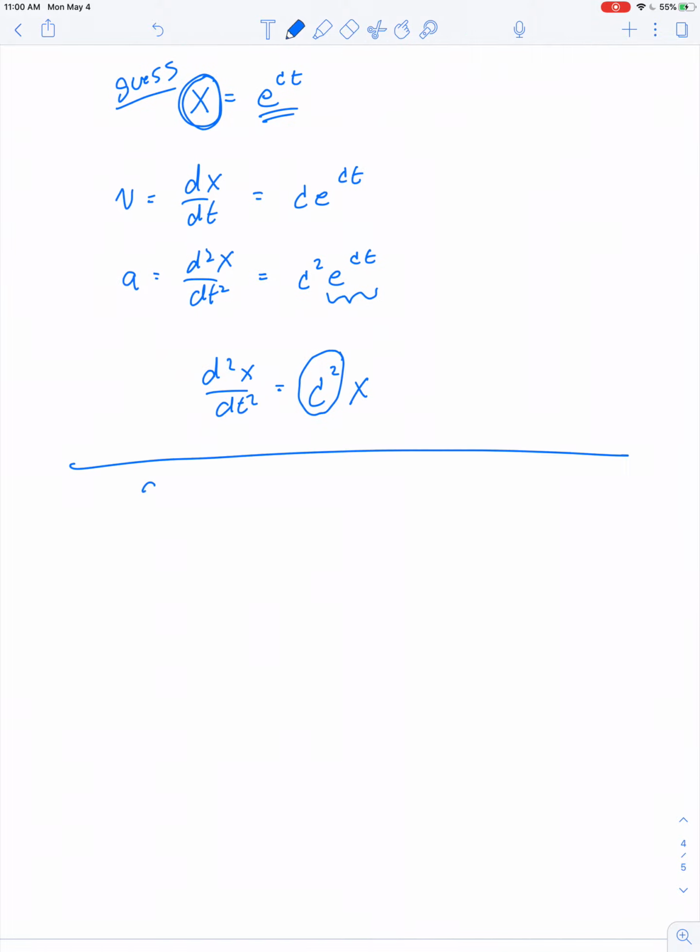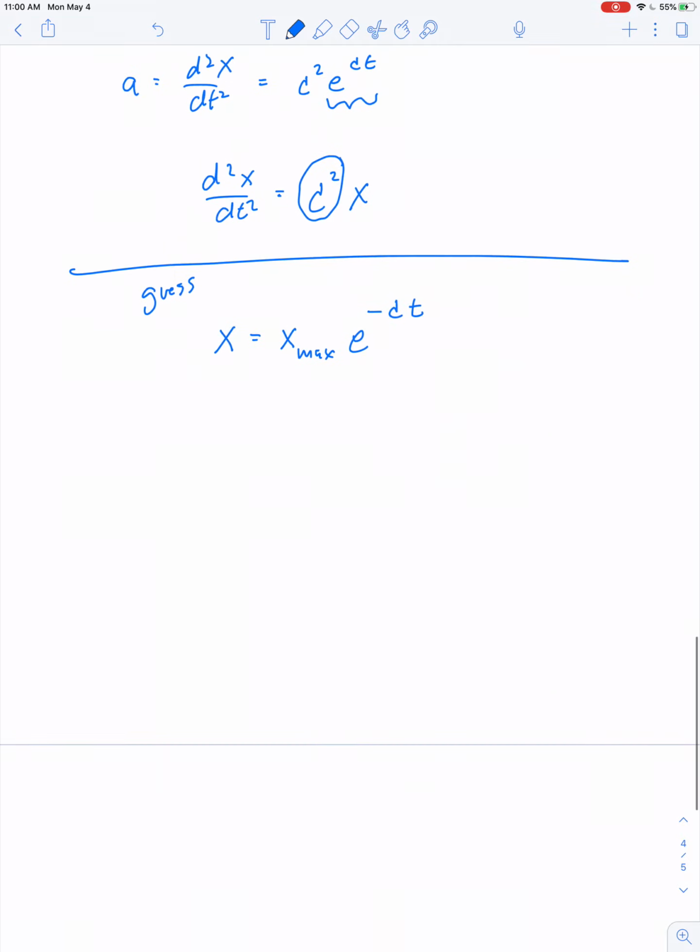I'm not trying to waste your time, but I'm going to guess again. What if the position of an object falling through the center of the Earth varies according to this expression? x equals, how about x max times e to the negative ct. Let's take the first derivative. This would give us negative c x max e to the negative ct. Let's take the second derivative.